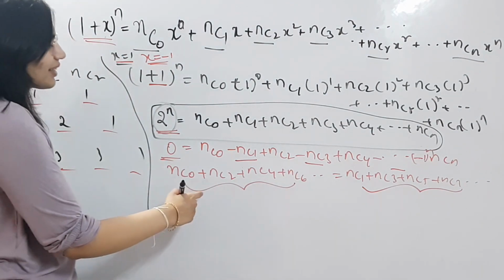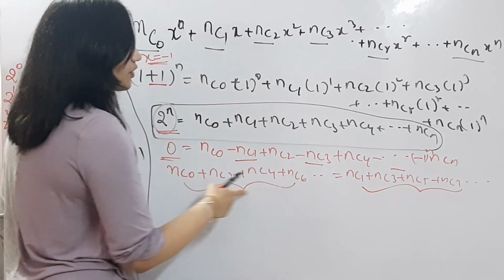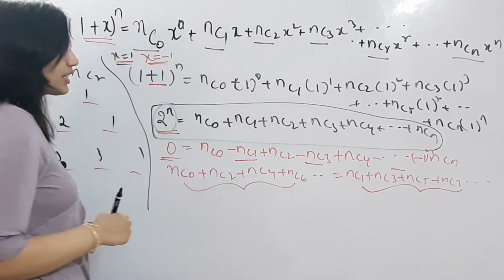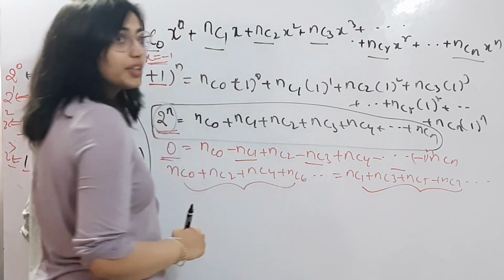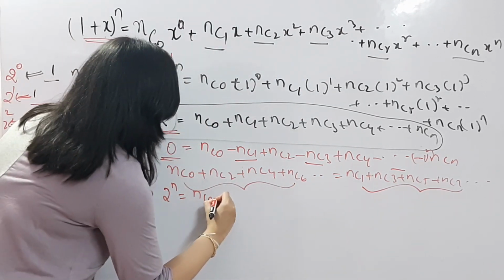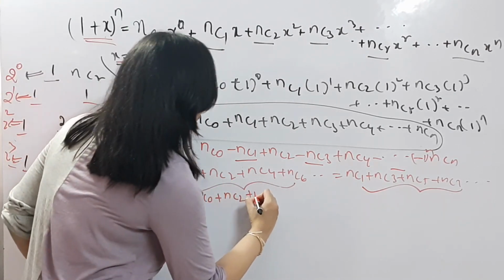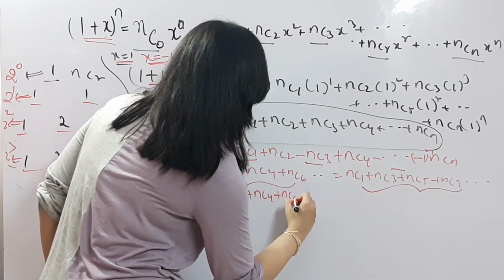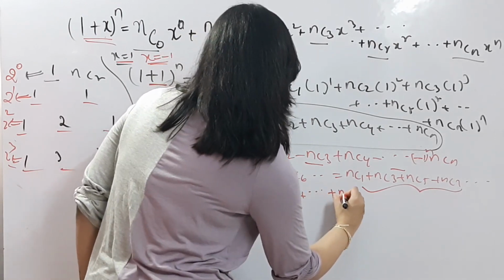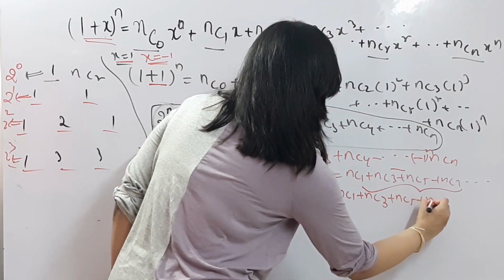And if you want to know the value of this, just substitute one of these in this. That is, since even is equal to odd, 2^n = nC0 + nC2 + nC4 + nC6 and so on, plus nC1 + nC3 + nC5 + nC7 and so on.